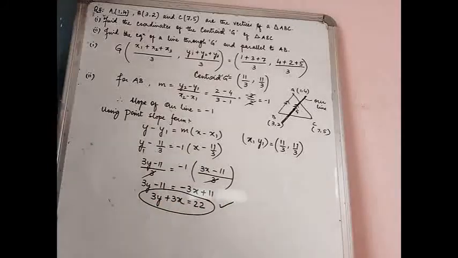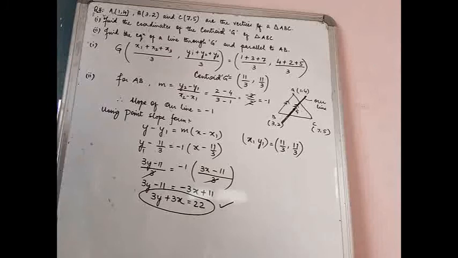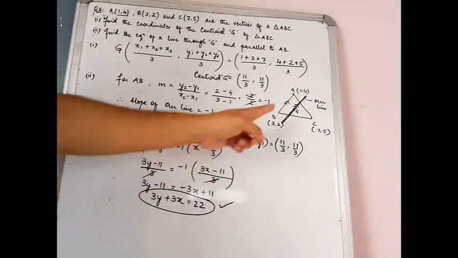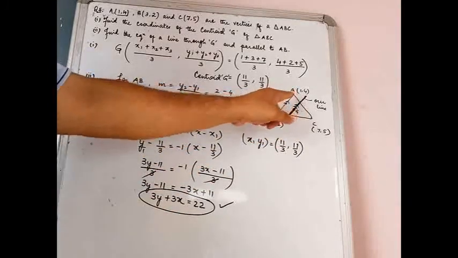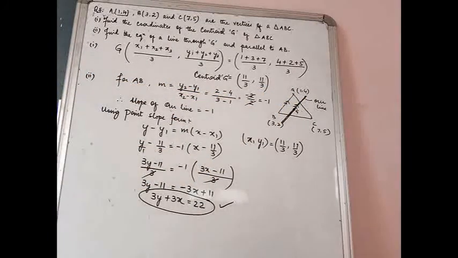This is the required equation of the line that we were talking about. So this is that line which is passing through the centroid of this triangle, and it is also parallel to the side AB. So these were some of the questions.